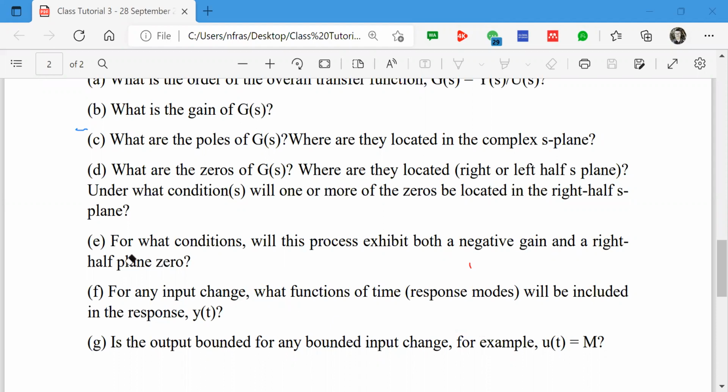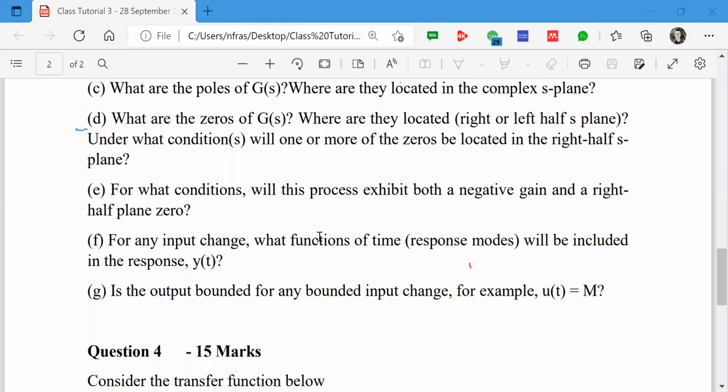All right, so let's also go to G. G says: is the output bounded for any bounded input change, for example, U at T equal to M? So this is just the analysis, and everything is based on the things that you're given on your slides, so there's nothing new on this one.